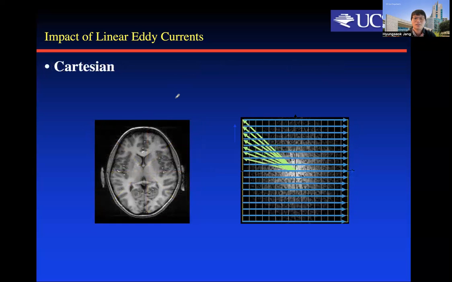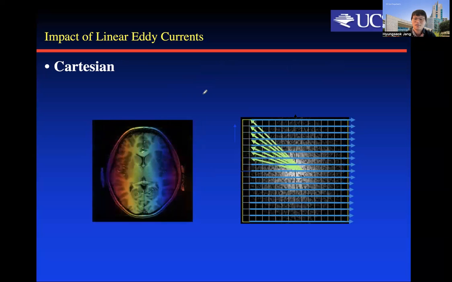So again, in Cartesian imaging, if there is a linear eddy current, then for example the sampling location is globally delayed in a certain direction, the frequency encoding direction. Typically that causes a phase error in the image.